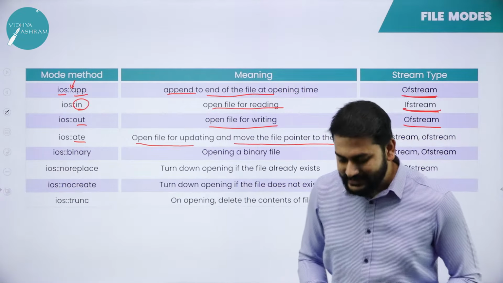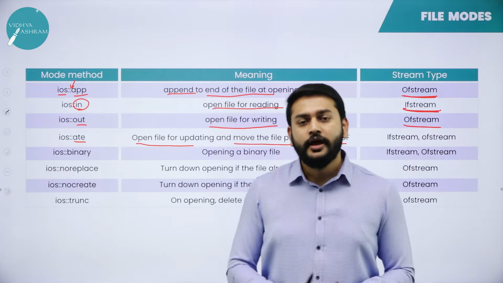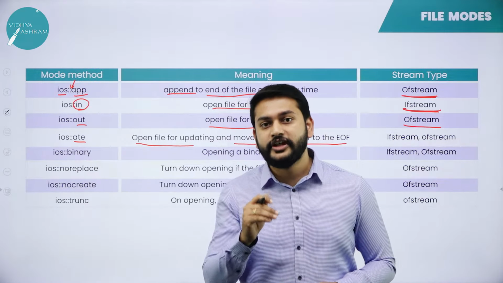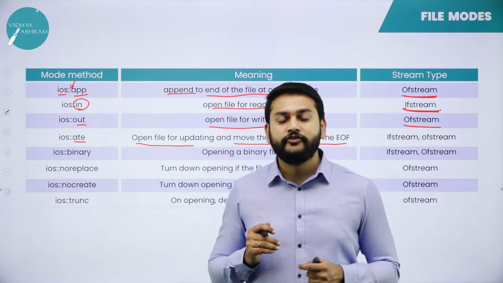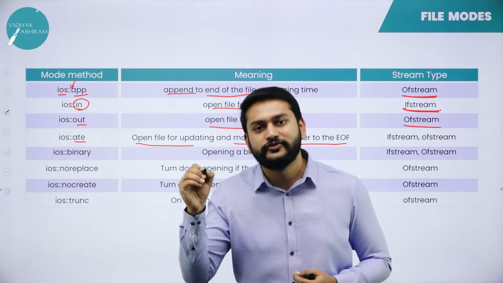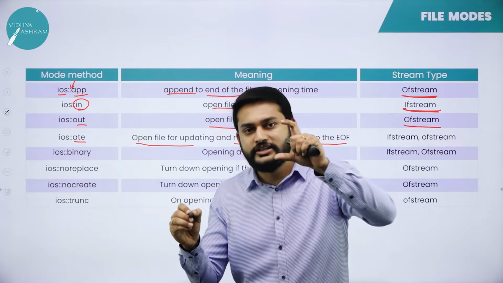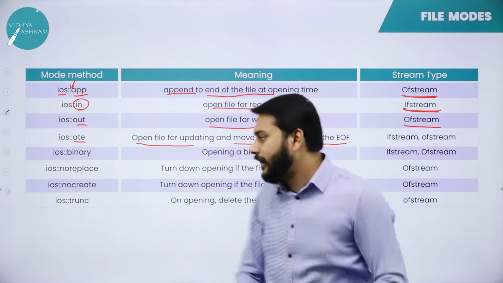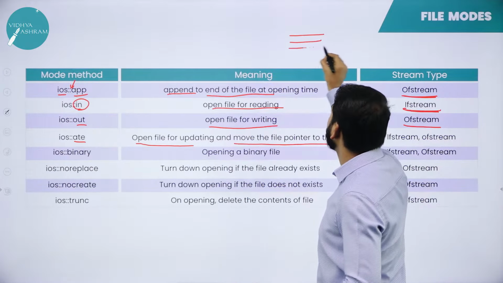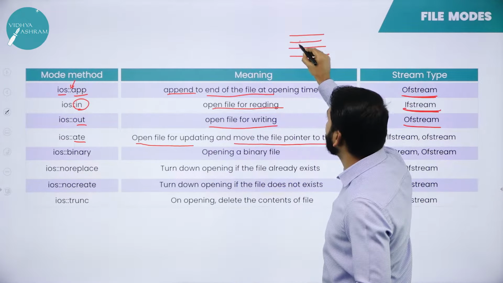Imagine I'm trying to make a correction in the second line in my notes. After that, from where will I start writing? If I want to write new content, I have to come to a new line, right? That is the end of the content. I have written 5 lines. Look here, everybody: this is the first line, second line, third line, fourth line. I have to do some correction here.